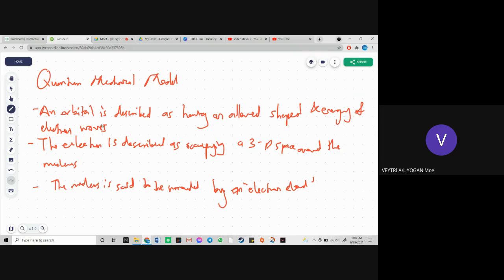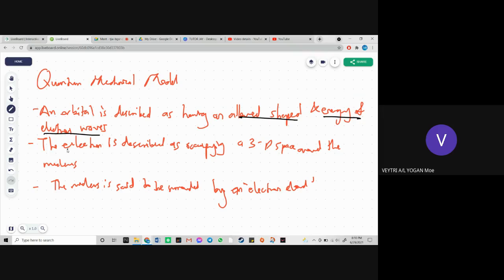The basic concept of the quantum mechanical model is that, according to quantum mechanics, we should represent things by atomic orbitals. And what does the atomic orbital mean in this model? An orbital is described as having an allowed shape and energy of electron waves. That's number one.